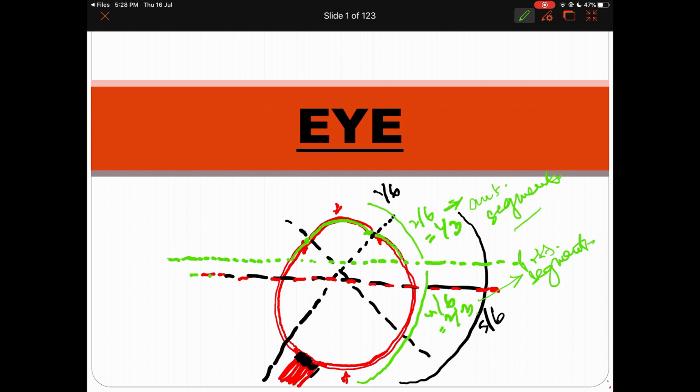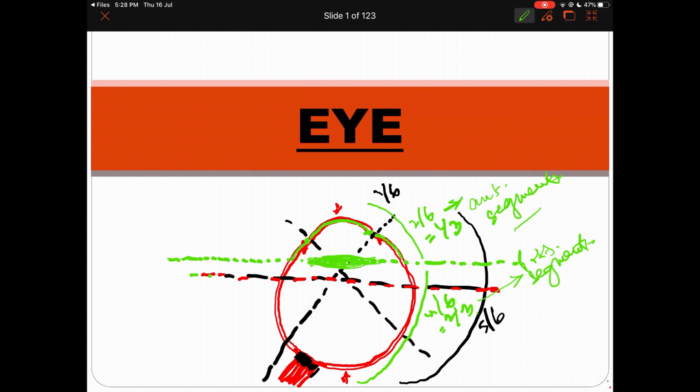But not only this line, which divides them into the anterior and posterior segments, usually this line is passing across the lens also. So, the lens is lying usually in this region, and is held from the sides by the zonular fibers.